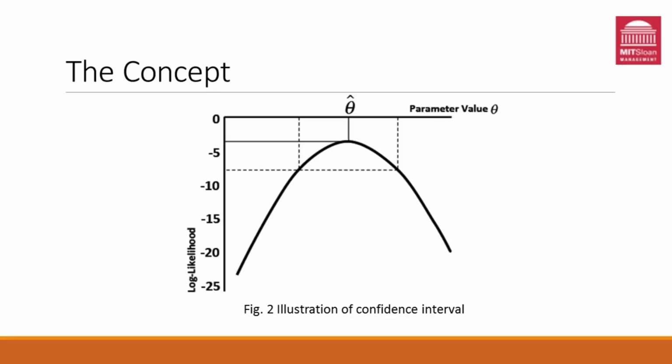Estimating confidence intervals can be thought of as finding the shape of the inverted bowl, figure 2. If, for a given data set, the likelihood function for a set of parameters falls off very steeply for even small departures from the best estimate, then one can have confidence that the true parameters are close to the estimated values. As always, assuming the model is correctly specified and other maintained hypotheses are satisfied.